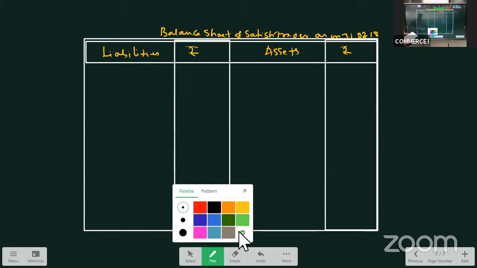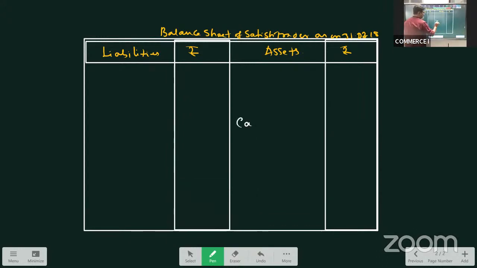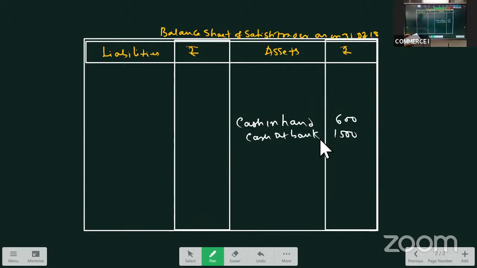So starting from the debit side, opening cash in hand. I told you cash in hand and cash at bank are assets. Cash in hand 600, cash at bank 1500. Then investments are also assets.